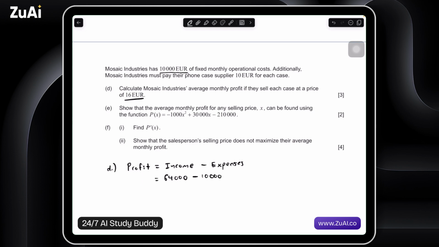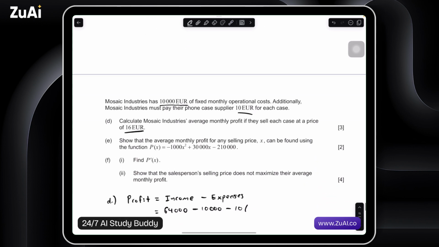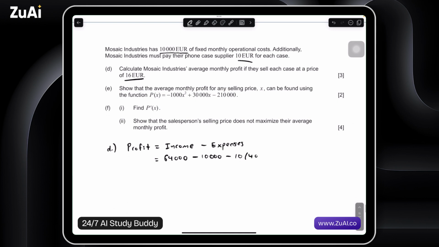We also know they need to pay 10 euros for each case, so 10 euros for every single case. We sold 4,000 cases, so 10 euros times 4,000. All right, and then we can hope for Mosaic Industries that this is positive.